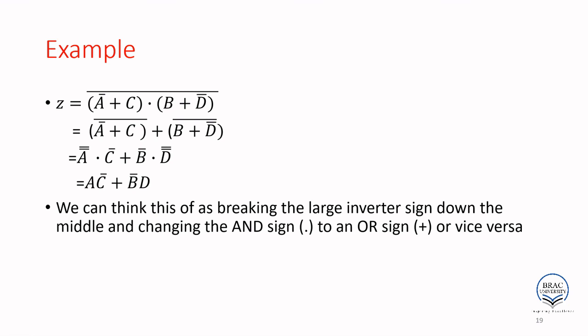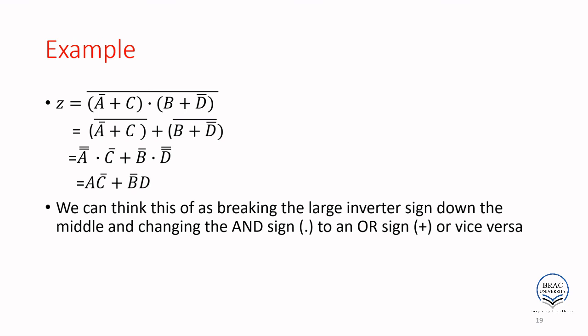Given this example, we just need to use De Morgan's theorem. So remember one thing, your dot product becomes your OR product, or your OR product becomes your dot product after inversion.